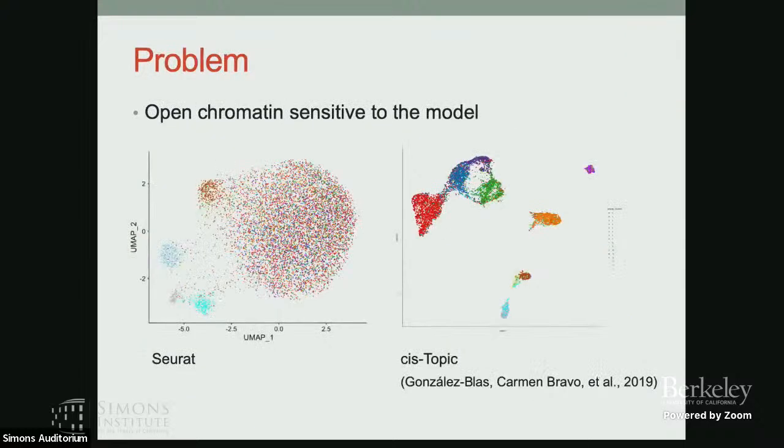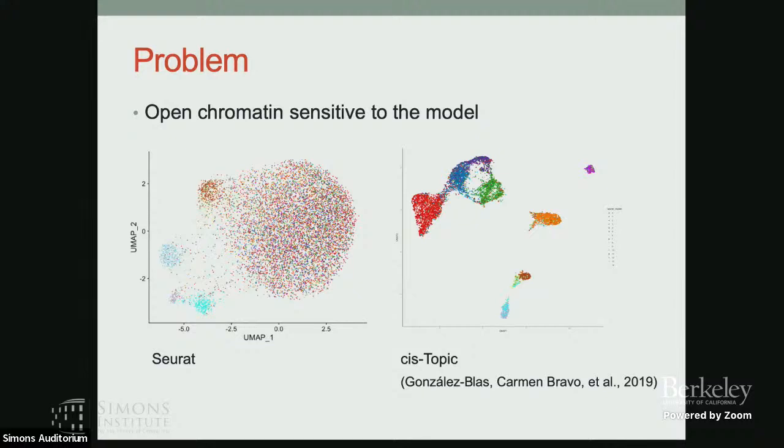And one problem we found, at least in the data that we were looking at, was that the open chromatin data was really sensitive to the generative model we chose to use, in a way that the RNA sequencing data was not. This is just one example that's easy to draw, but this was true with other types of approaches.